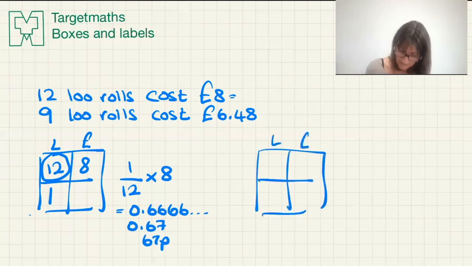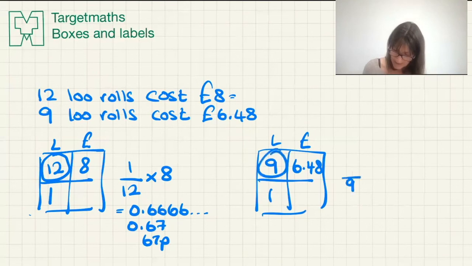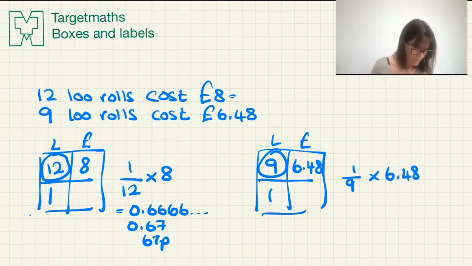So it's loo rolls in pounds. This time I've got 9 for £6.48. I want to know just the cost of one. So that's going to be my trap number. So 9 is on the bottom. And away we go.